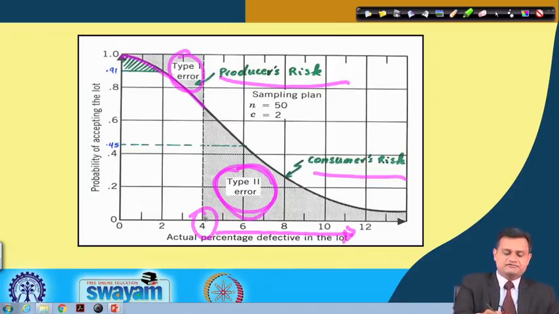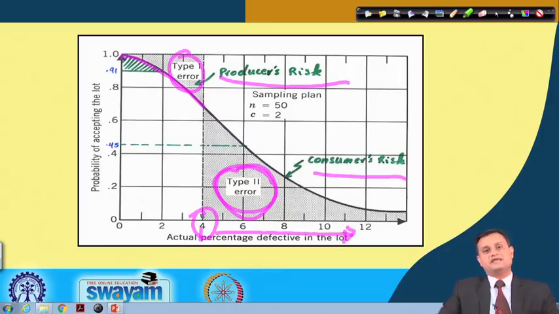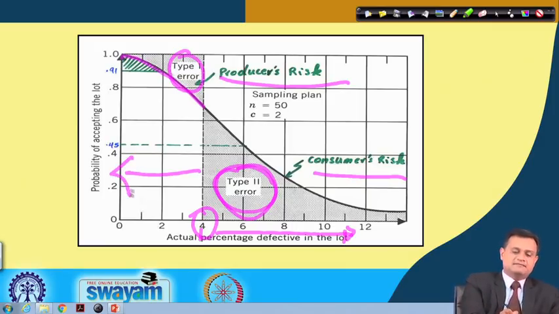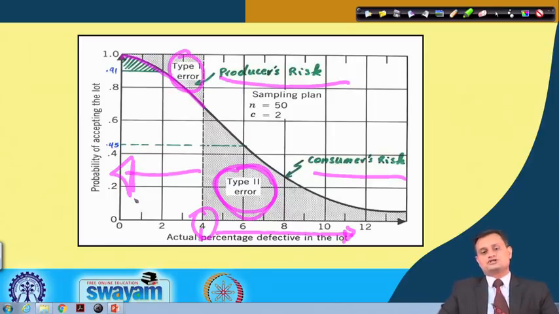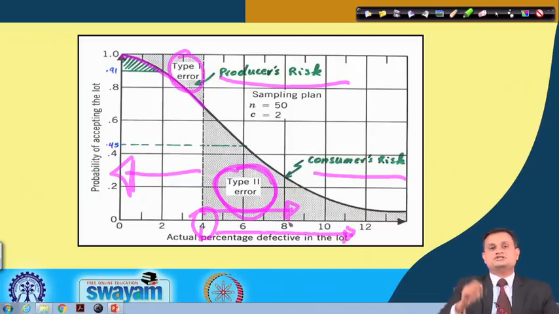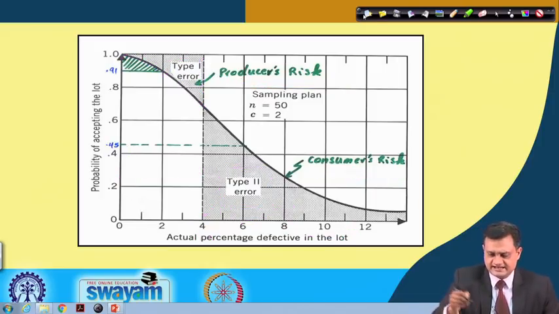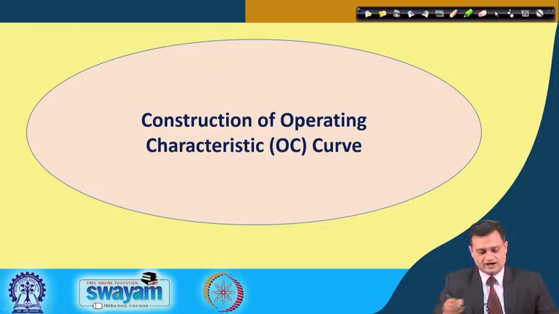So with respect to the cutoff, both parties have to accept some risk. Any lot which is rejected, which is less than the cutoff on this side, means my producer is at risk. That is the producer's risk. Any lot which is accepted by the consumer which has more percent defective than the cutoff is my consumer's risk. So this is exactly where I have to see the trade-off.